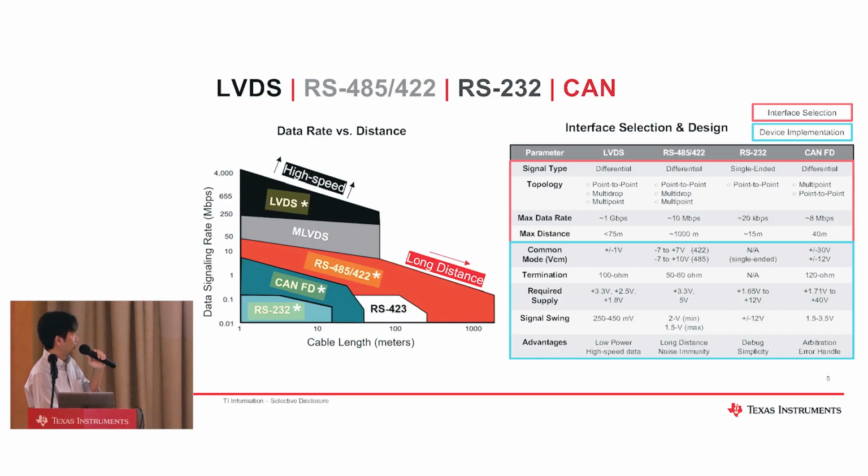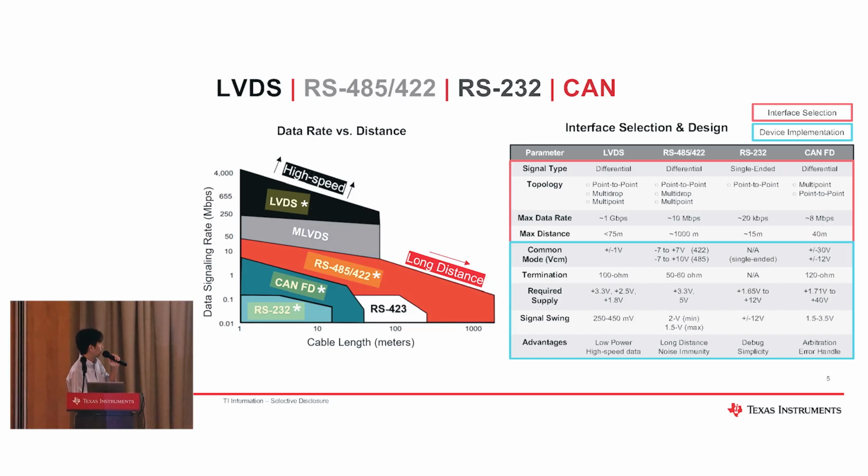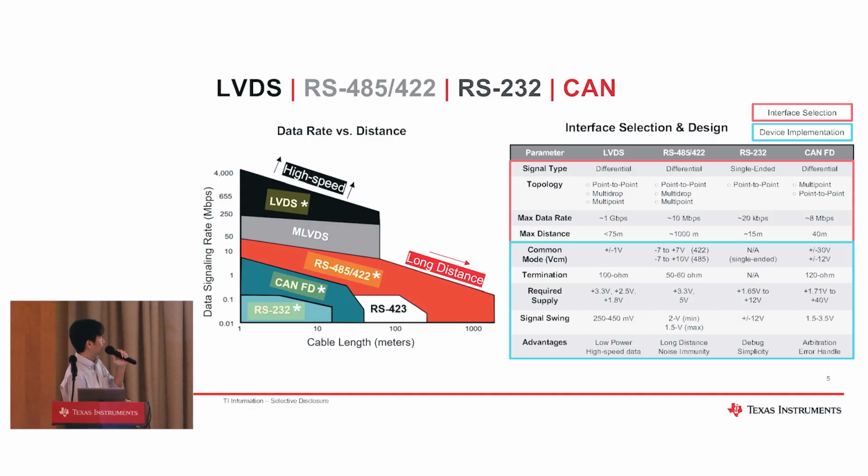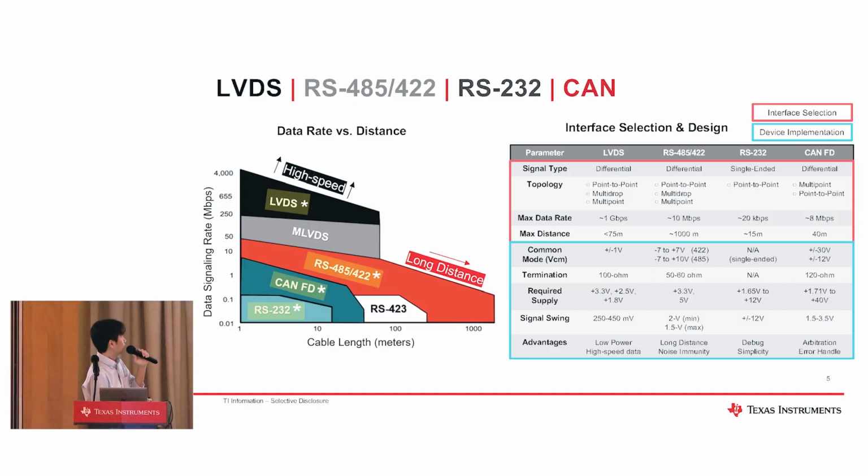The cable length can go up to 1,000 meters, and the data rate is about 50 megabit per second. When you need a higher data rate, you can consider a different standard, like LVDS or M-LVDS. For example, LVDS data rate can go up to 4,000 megabit per second. However, the length of the transmission will be shorter, less than 100 meters.